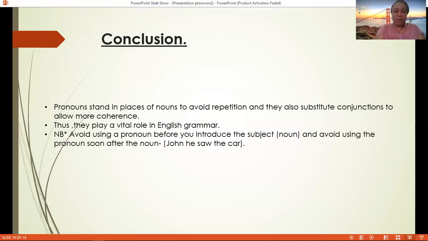You have heard people saying, John, he saw the car. That is very wrong, you can tell. If we are using John, we use him solely there as a noun, John saw the car. Or if we are using a pronoun, we use it solely, he saw the car.